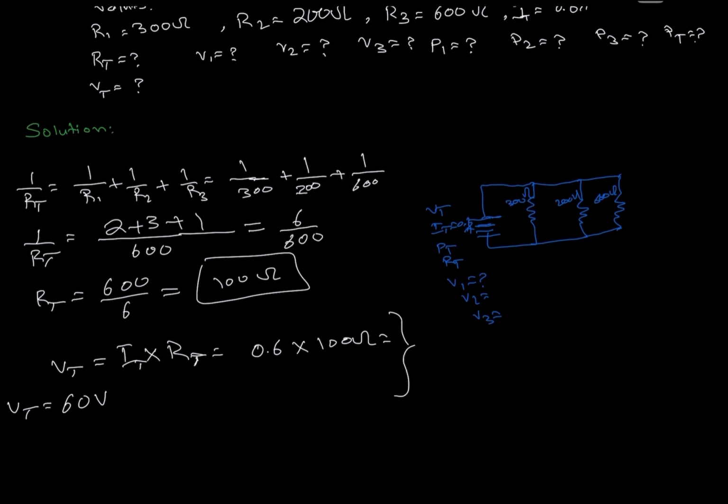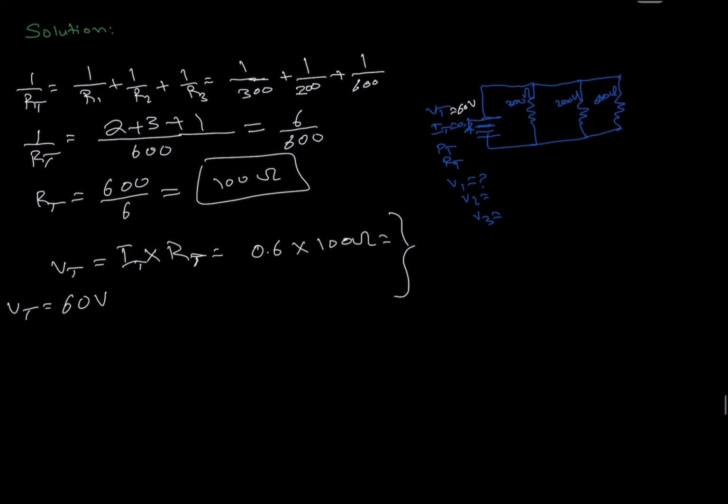So we found VT, 60 volt. Now we can use the power formula to find PT. PT is equal to VT times IT.